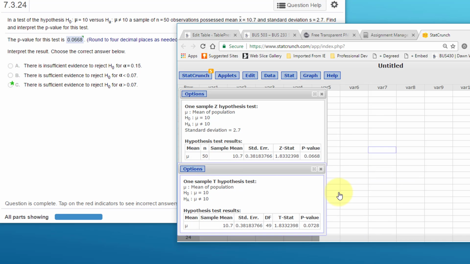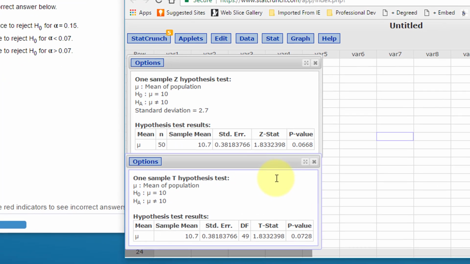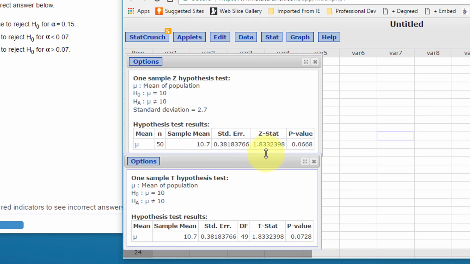And here we get a slightly different answer. They're close. The test statistics, both of them, are approximately 1.83. Well, they're the same out to 6 decimal places there. But look at the p-values. 0.0668, which is less than 0.07, and 0.0728, which is greater than 0.07.